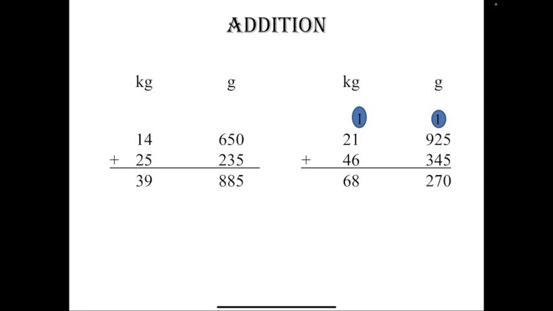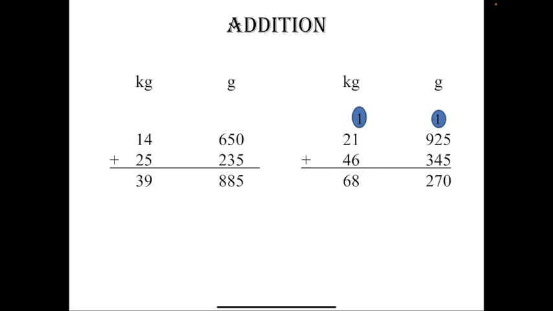Now adding from the extreme right. 5 plus 5 is 10. So I will write 0 and 1 will be carried to the next column. In the next column you can see I already have 2 plus 4 and 1 I have carried. So adding all these 3 I will get 7.